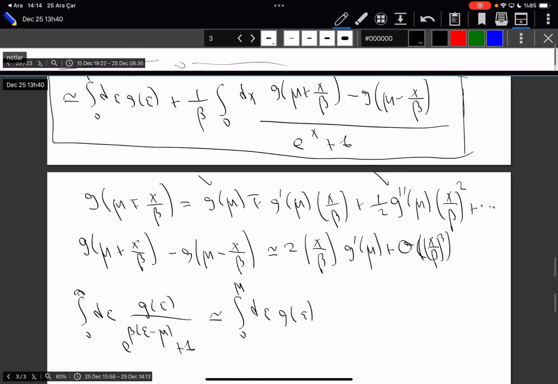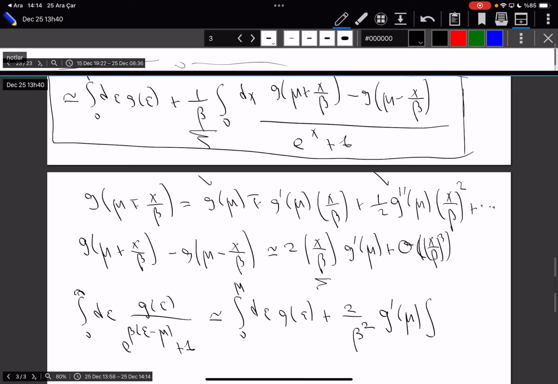Plus there are corrections. Well, there is a 1 over beta over here, and there is an x over beta over here, so 2 over beta squared, times g prime, the derivative of this function, whatever that function is, at mu.